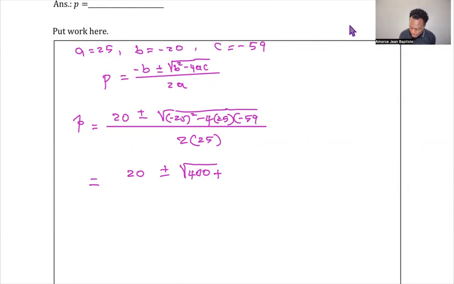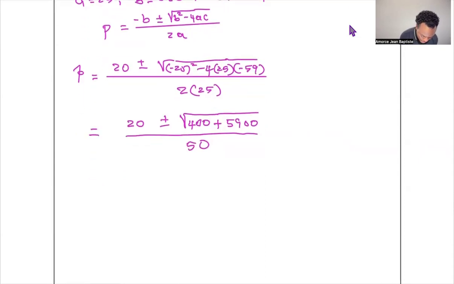So that's 4 times 25 times 59. And that is 5,900, and then over 50.